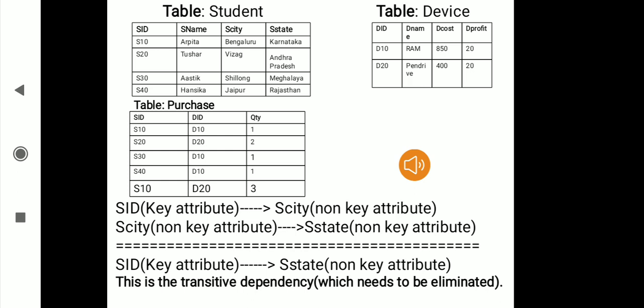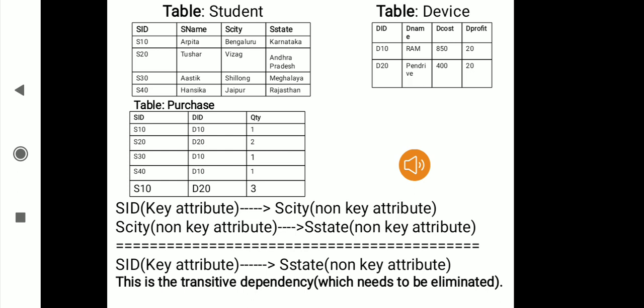But if a non-key attribute determines another non-key attribute in the same table, then it is not acceptable. Now if you look at the table student, there is a column called SCT, which is not the primary key column, and so it is a non-key attribute.